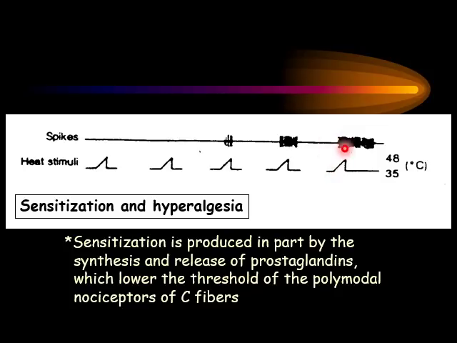This is an increased response to a stimulus that initially gave no response at all. That's a very substantial sensitization, and it results in a very strong emotional response. It's due to lowering of the threshold of the polymodal nociceptors.